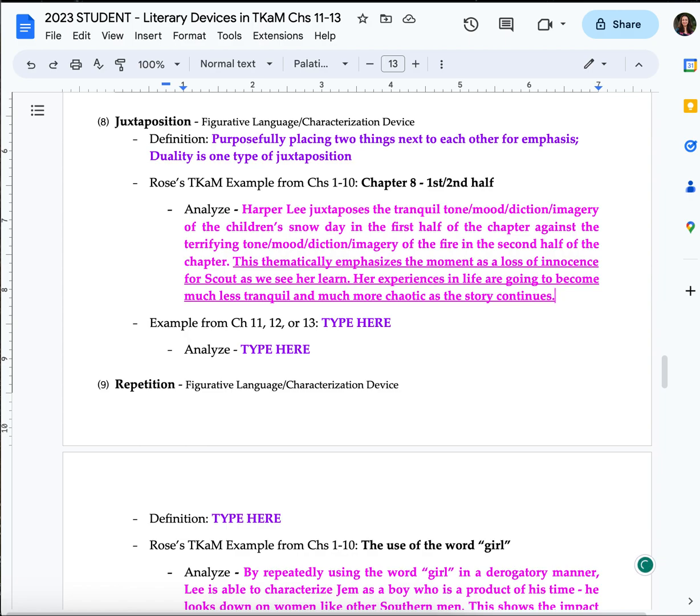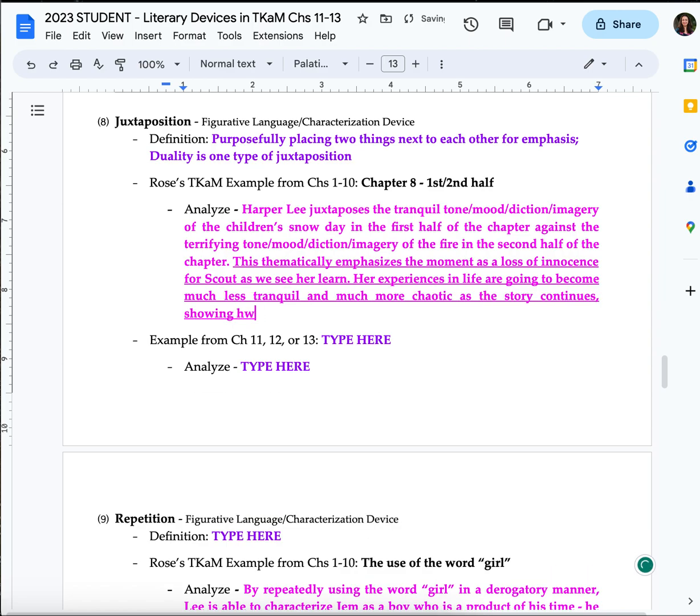And have I really fully done that? Her experiences in life are going to become much less tranquil and much more chaotic as the story continues, showing how Scout will lose innocence as she grows and matures. That's better. Reconnecting to the theme I'm explaining. Cool. All right, pausing again. I know I probably need to pause for you to finish that.